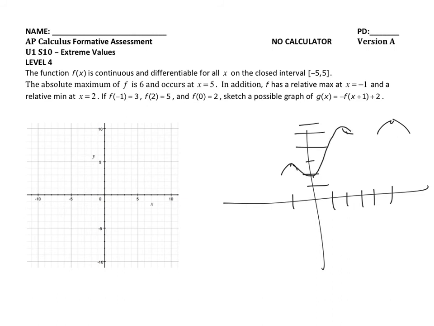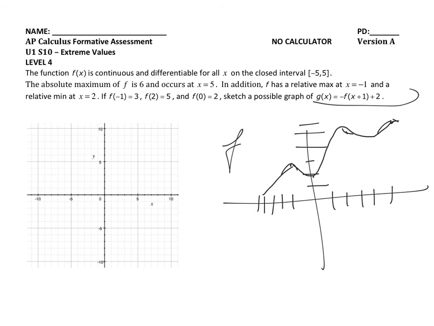So it looks like I can put something like this together as the graph. So it looks like I now have a graph of f. And again, I'm just following those characteristics on the max and the mins.